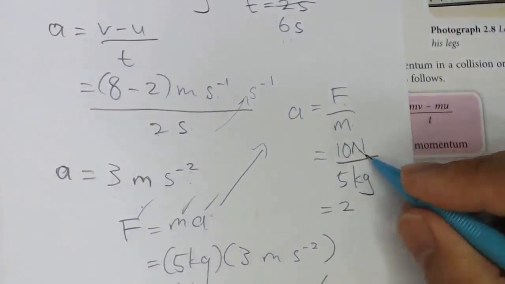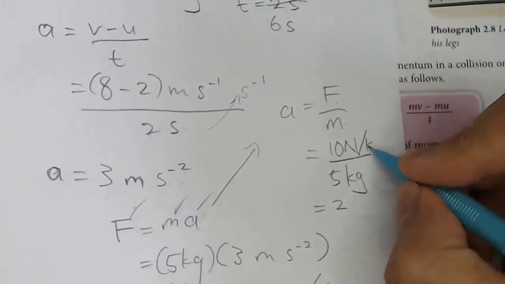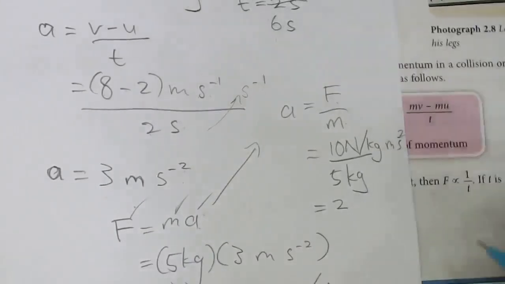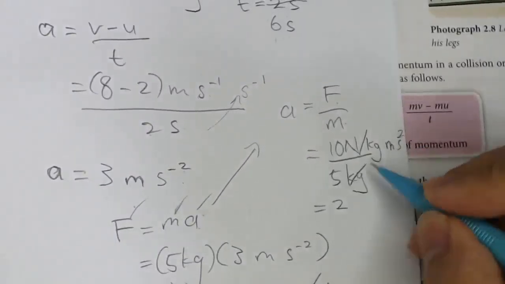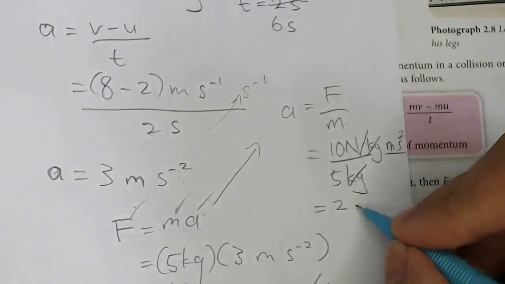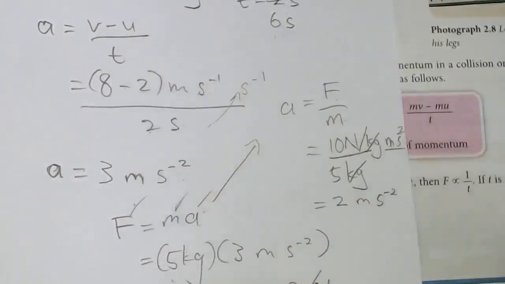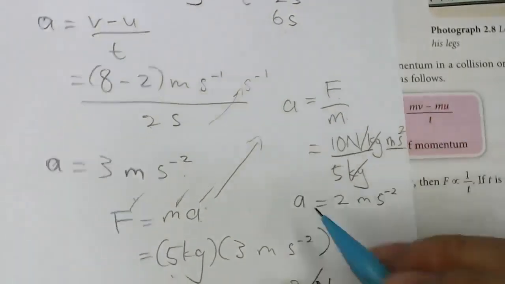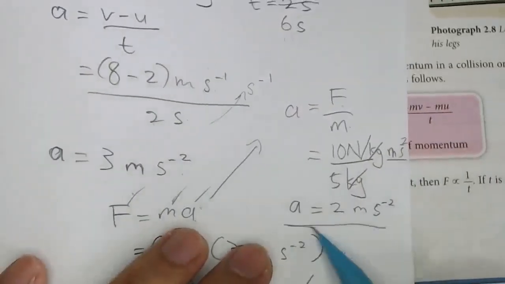So this Newton here, if we expand the unit to SI unit, we have kilogram meter second negative 2, correct? Okay. Kilo here, we can eliminate with kilo here, and all that is left is meter per second negative 2, which is the unit for A. Now we have a value of A.